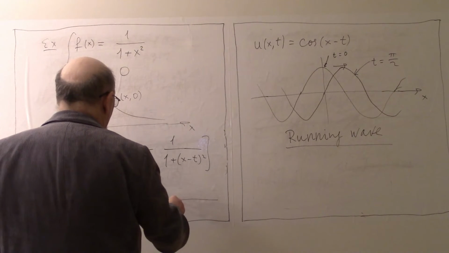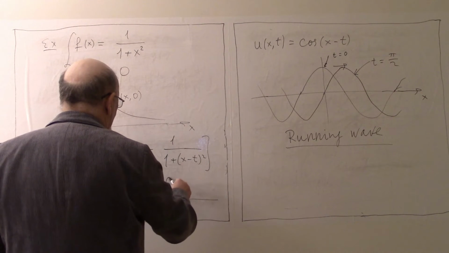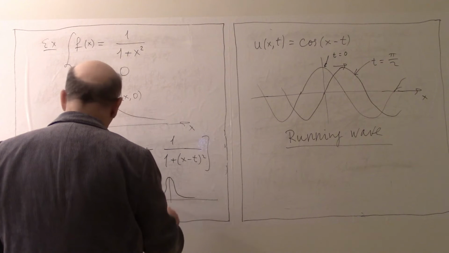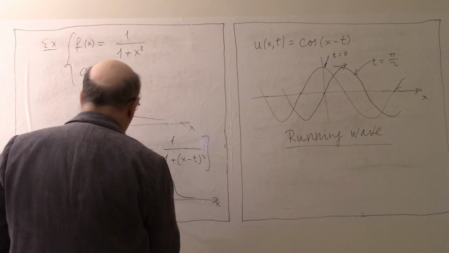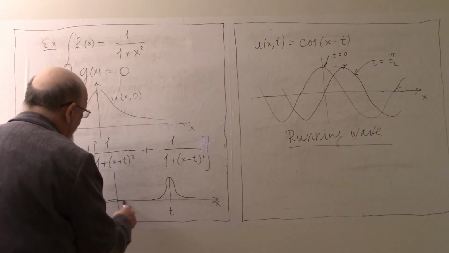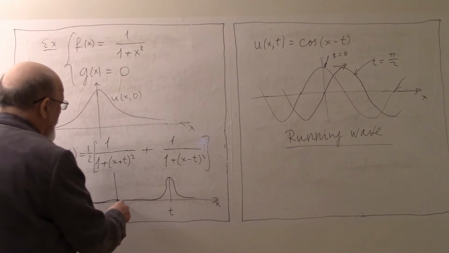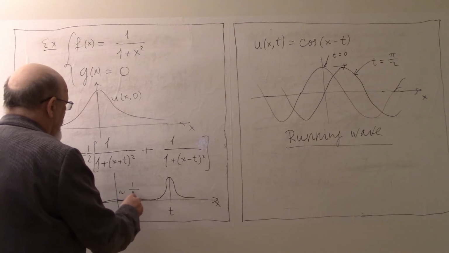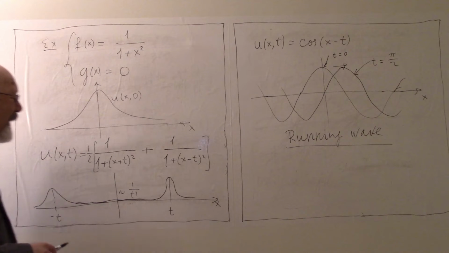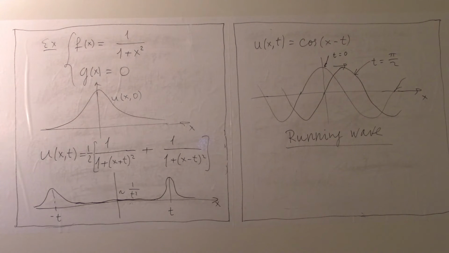This term will be concentrated near the point x equal t. Yeah, and here it will be rather small, about 1 over t squared. Yeah, we consider this situation.